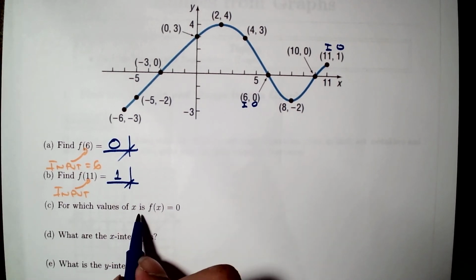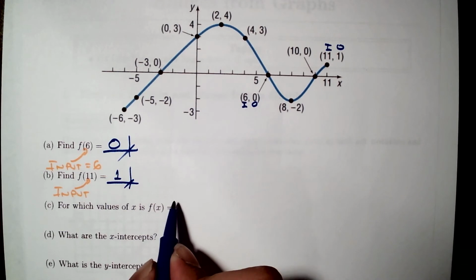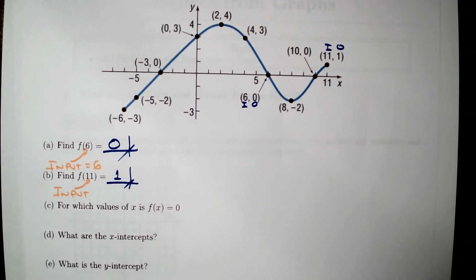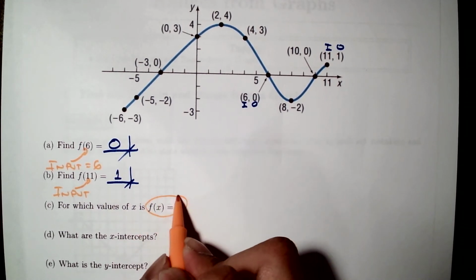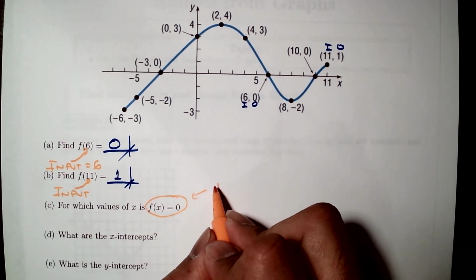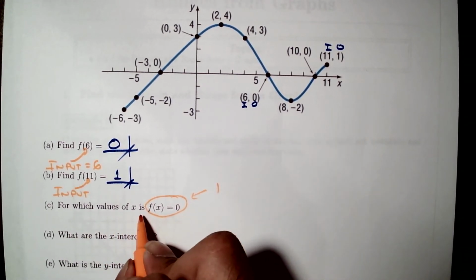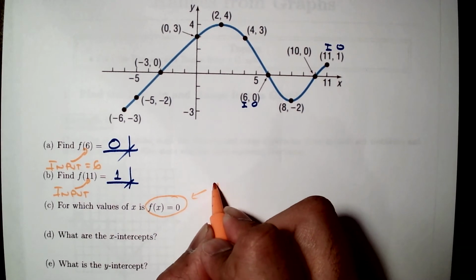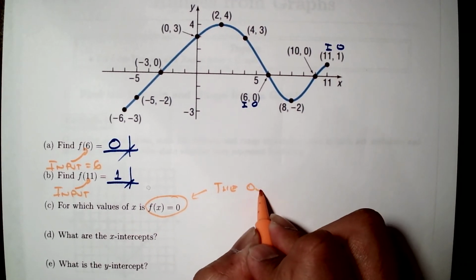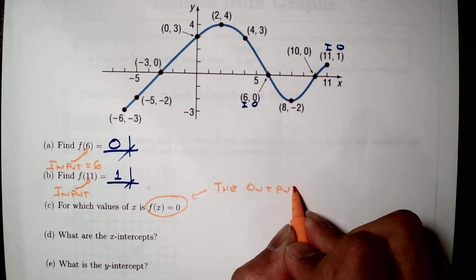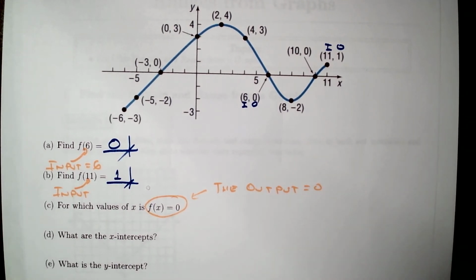Okay, so for which values of x is f of x equals 0? Well, in other words, for which values of x is the output equal to 0?